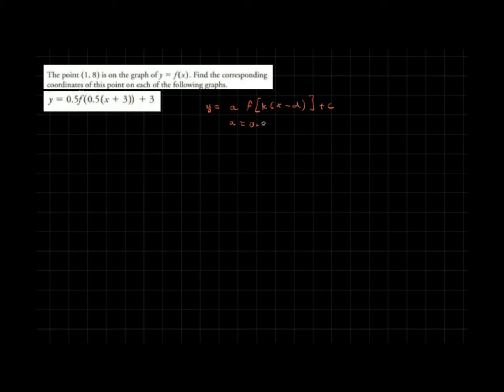A here is 0.5 or 1/2, k here is 0.5, or 1/2, so 1 over k is 2. Okay, so this is the value that we should be looking at. This is the value of a that we should be looking at. d here is -3 and c here is +3.